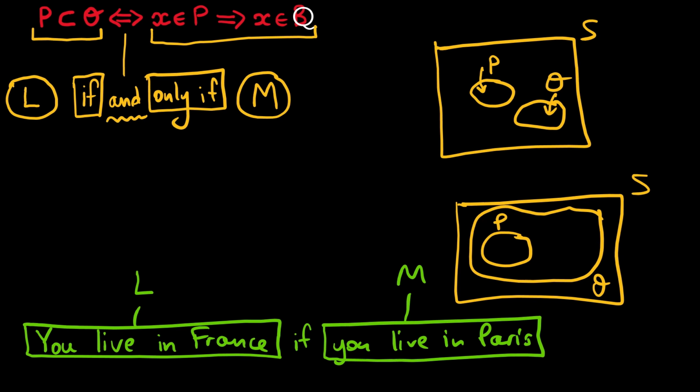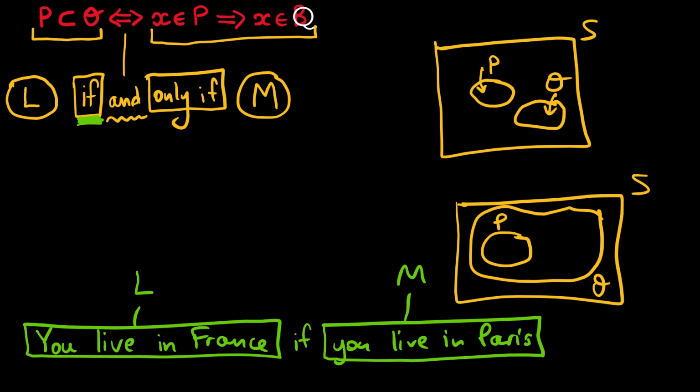We're dealing now with this first if, of the if and only if. So what does it mean to say that you live in France if you live in Paris? It means that you live in Paris is sufficient for you to conclude that you live in France.